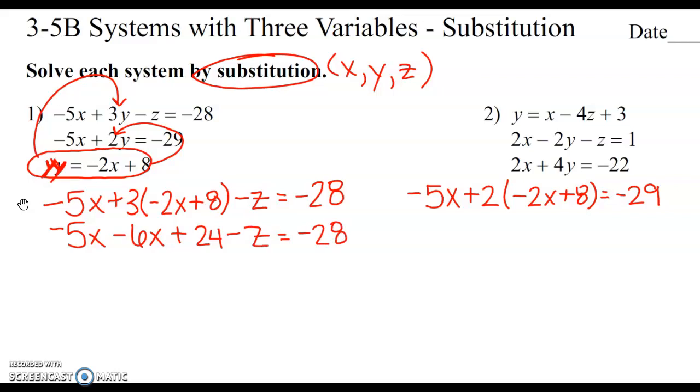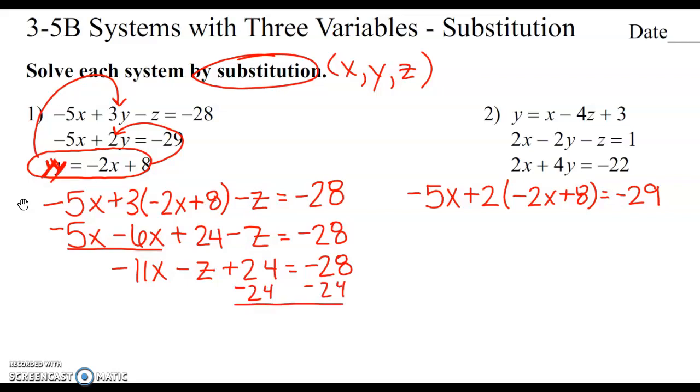Then I'm going to combine my like terms. So I've got negative 11x, my minus z, plus 24 equals negative 28. So when I take that 24 over to the other side, I'm sitting at negative 11x minus z equals negative 52.